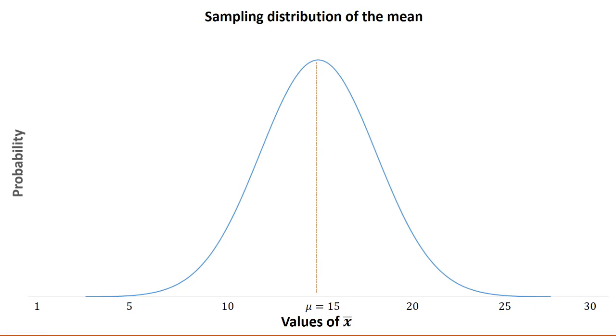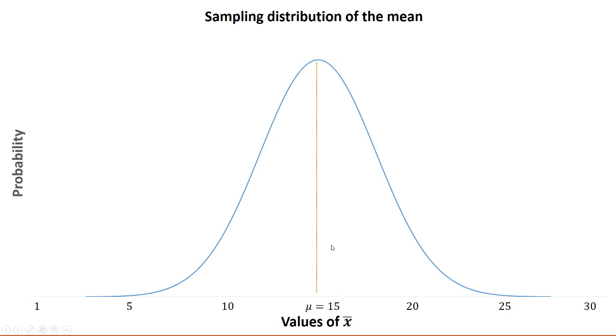The sampling distribution of the mean gives us an idea of the probability that my sample mean will take any particular value. This is the distribution of sample means. Now it turns out that the mean of the sampling distribution of the mean, that is the average of the sampling distribution, is actually the true population mean, 15.